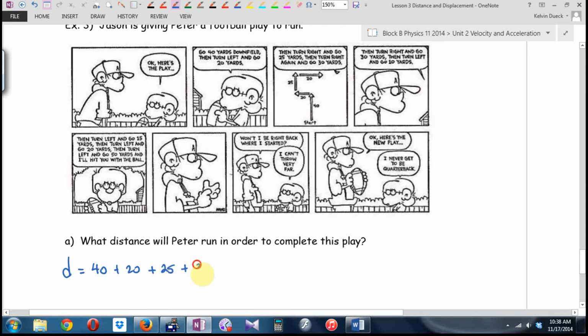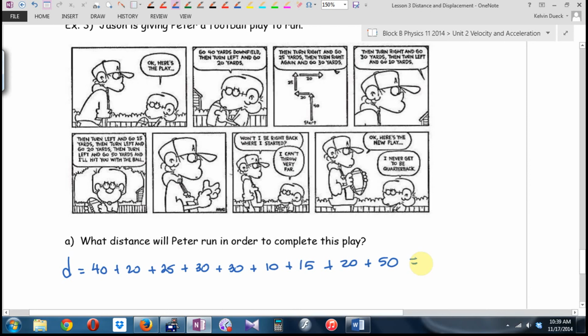Then 30, then another 30, then 10, then 15, then 20, then 50. Did I get everything? 40, 20, 25, 30, 30, 10, 15, 20, 50.